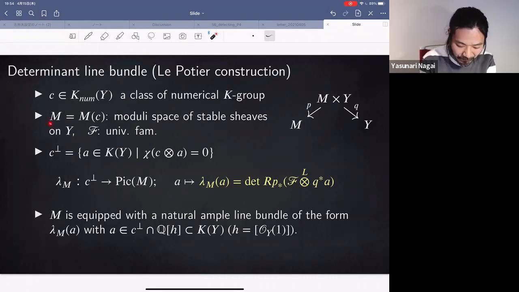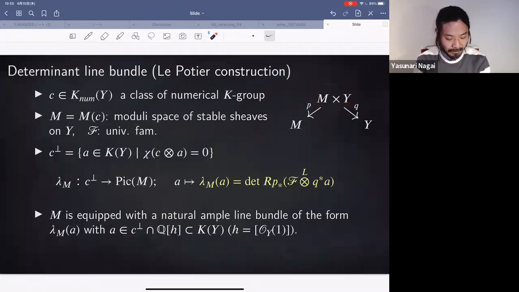We fix a numerical element c of the K group of Y, the smooth projective variety, and we consider the moduli space M of stable sheaves on Y whose K group class is nothing but c. And we can safely assume that we have a universal family on the product.